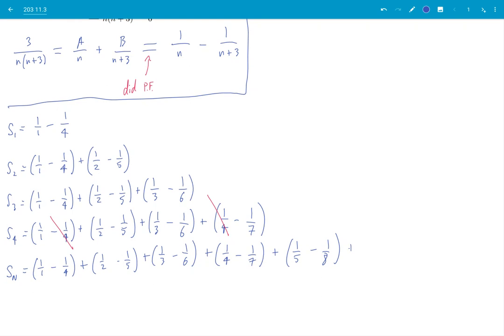Now I'm going to go plus dot dot dot, and I'll take it up again down here, plus dot dot dot plus. Now I'm going to write the last 5 terms. I wrote the first 5 terms here, so why don't I write the last 5 terms down here?